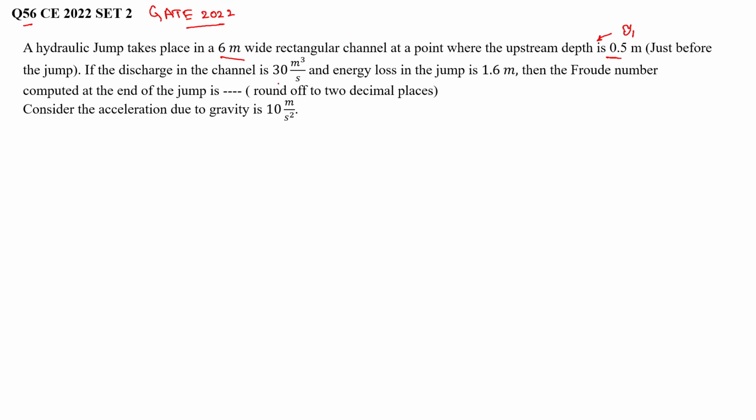If the discharge in the channel is 30 meter cube per second, and the energy loss is delta E, and the discharge is Q, then the Froude number is computed at the end of the jump. What is the question they asked? They asked to calculate F2. What is F2? F2 means the Froude number after the jump.